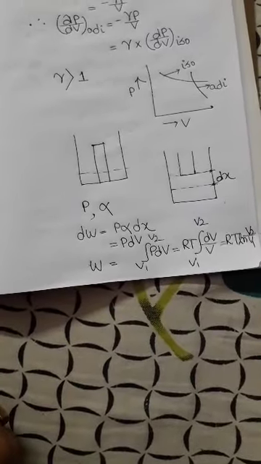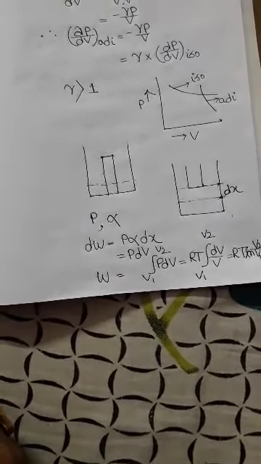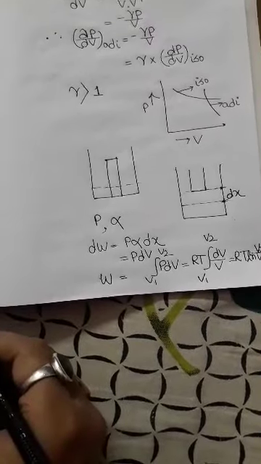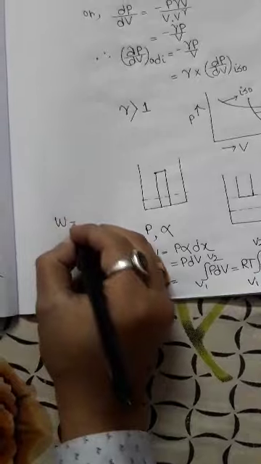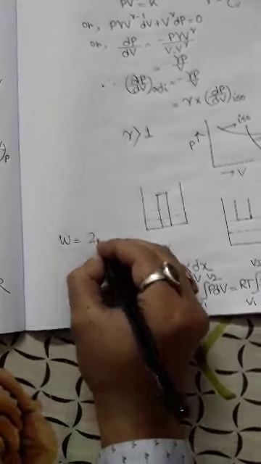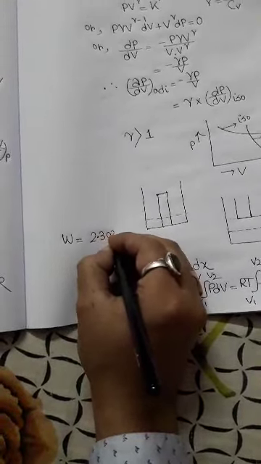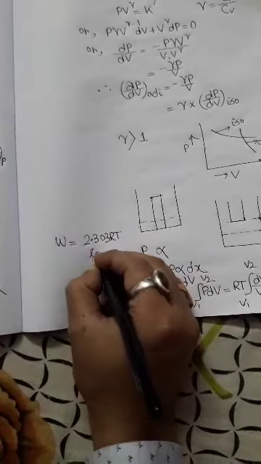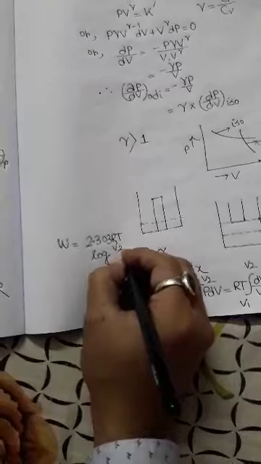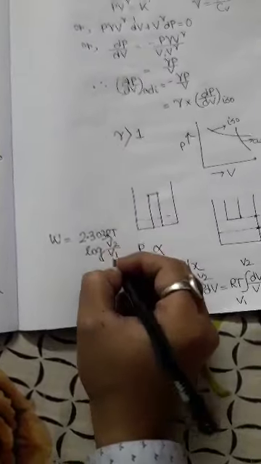So this is the general expression of work done by a perfect gas during isothermal expansion, or more commonly we can write it this way: W equals 2.303 RT log V2 by V1.